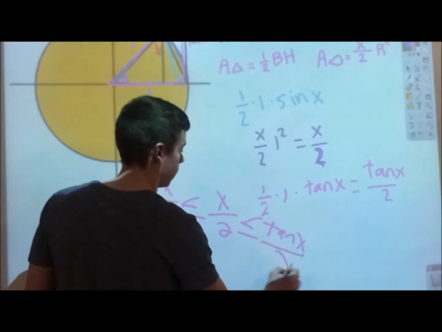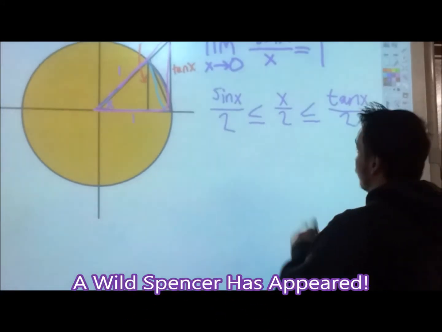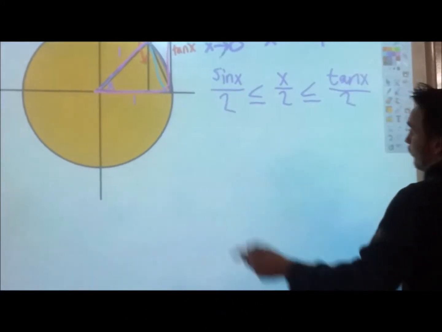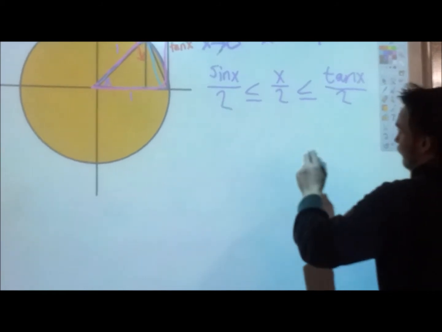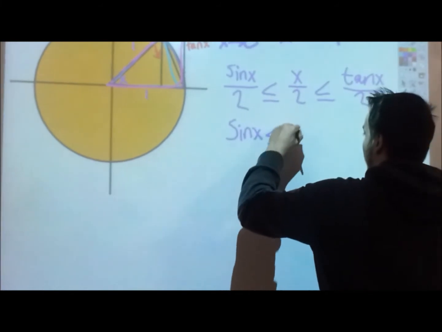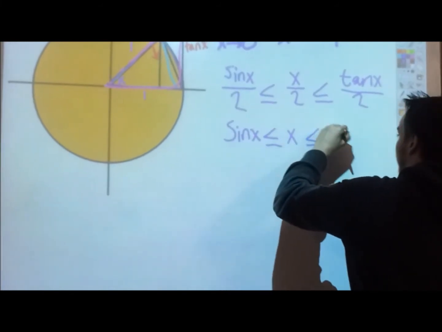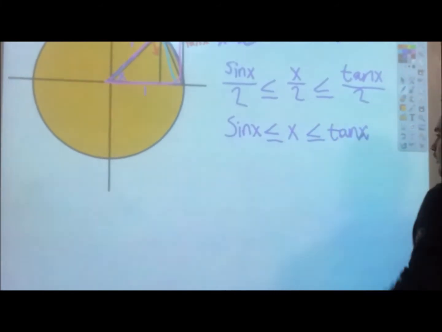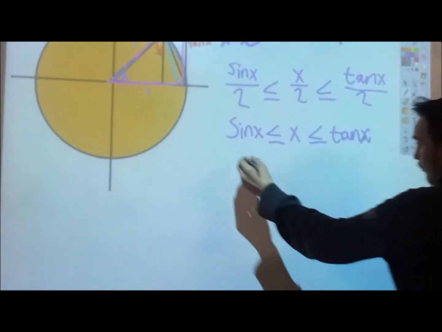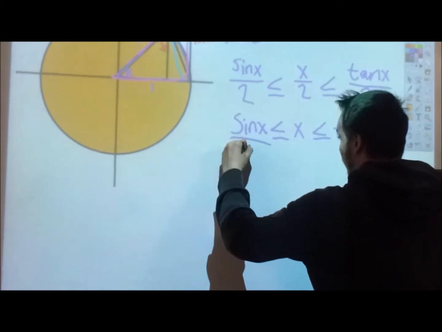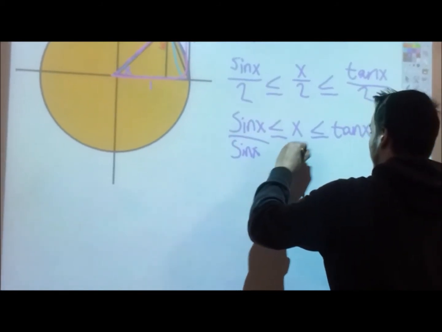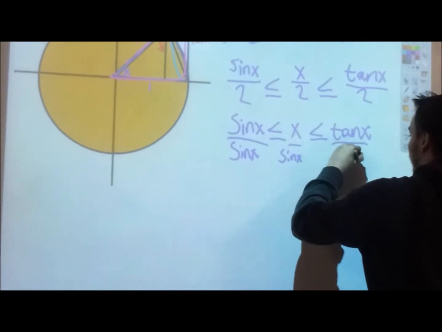Since we want to find the limit as x approaches 0 of sine x over x equals 1, we're going to multiply all of this by 2. Sine x is less than or equal to x, which is less than or equal to tangent of x. We want 1 on this side, so we divide each part by sine of x.